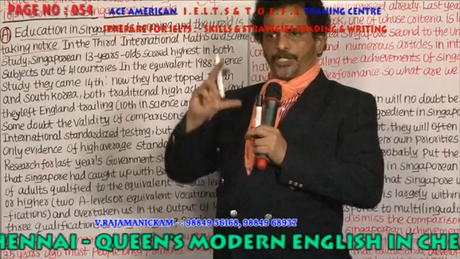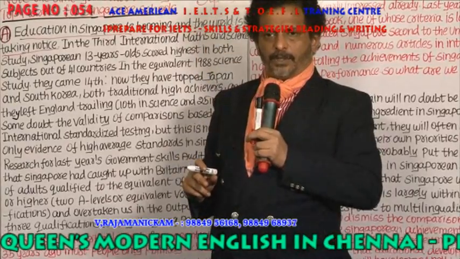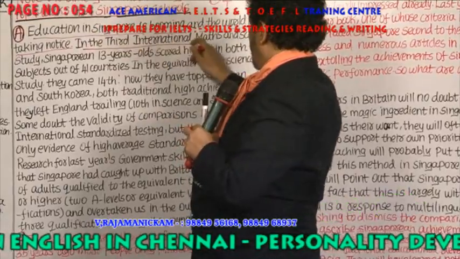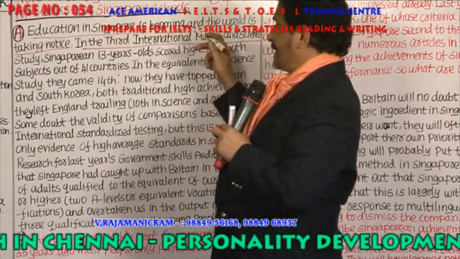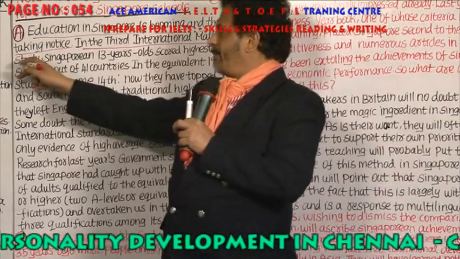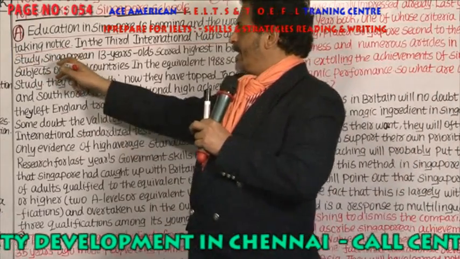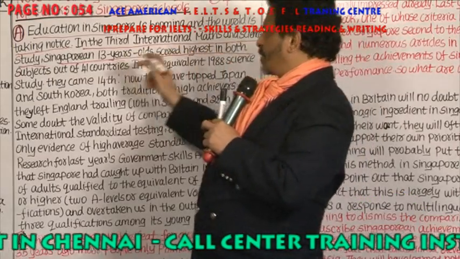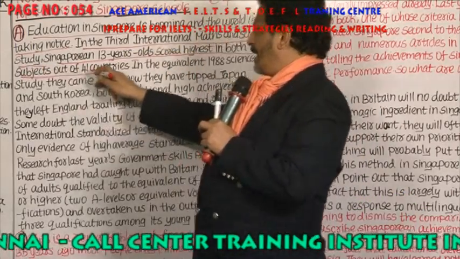Singapore's educational system has grown, so the entire world is watching. In the Third International Maths and Science Study, Singaporean 13-year-olds scored the highest in both subjects out of 41 countries.